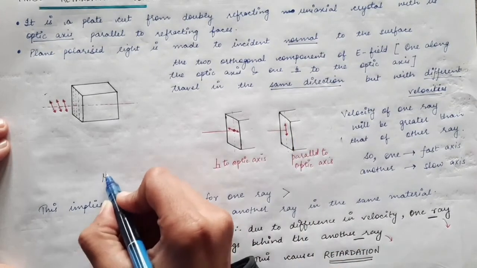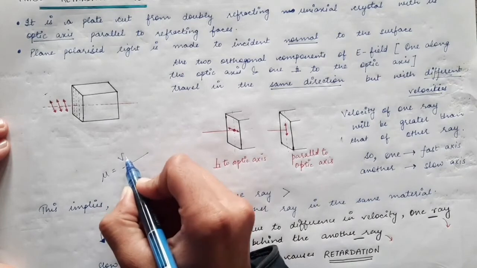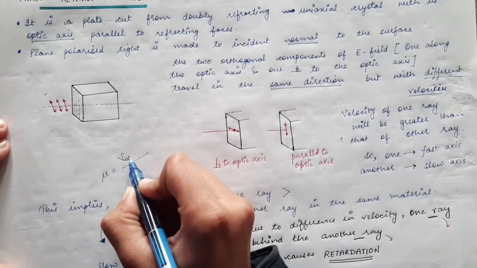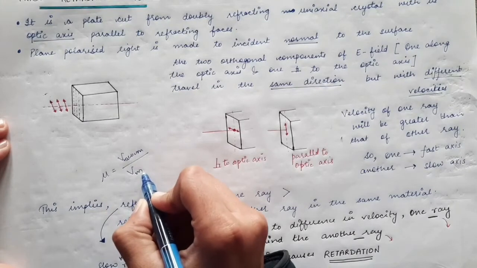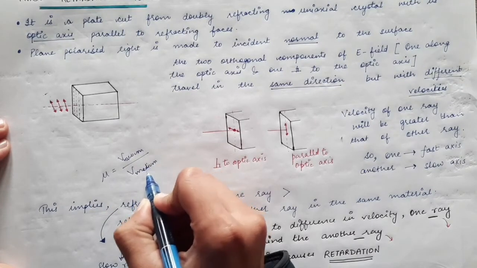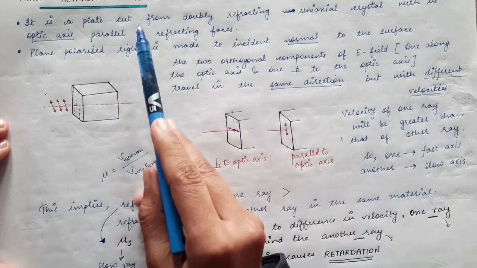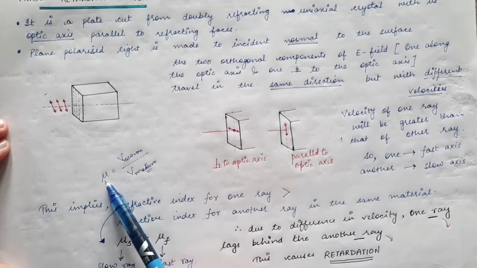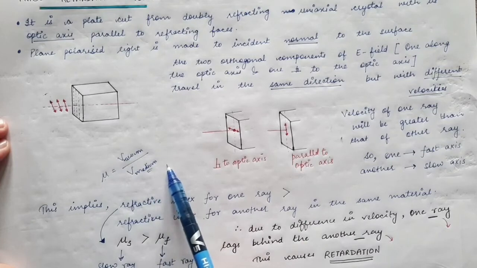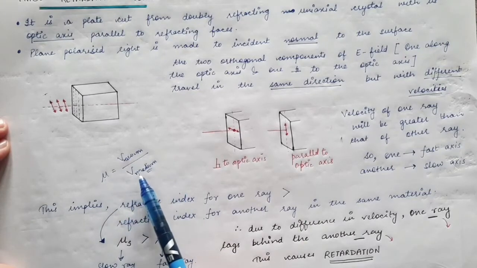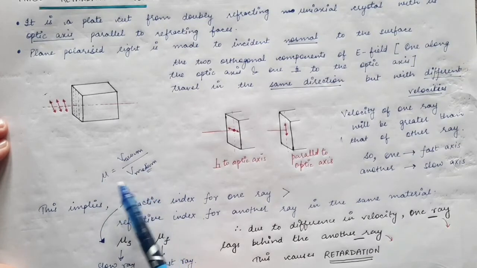The refractive index is given by the ratio of the velocity of light in vacuum to the velocity of light in the medium, in this case the retardation plate. So the velocity of light in the medium is inversely proportional to the refractive index.